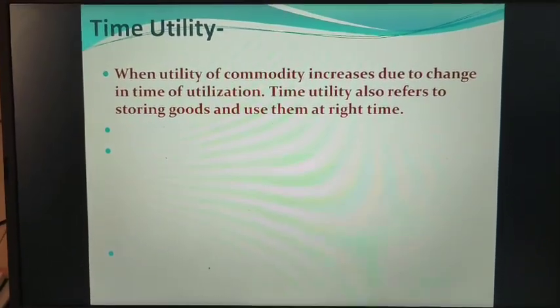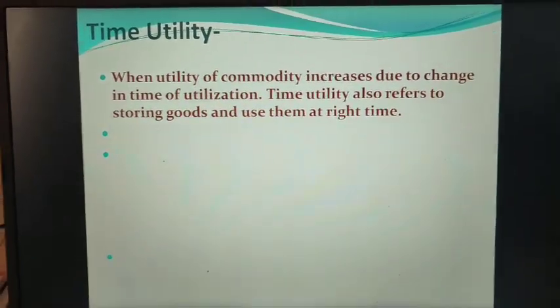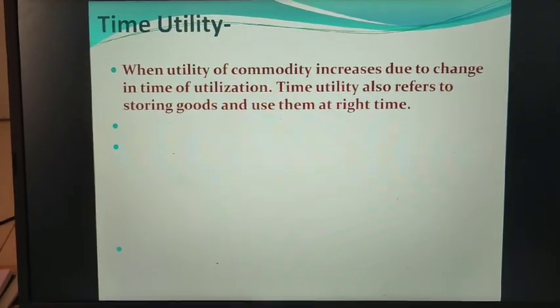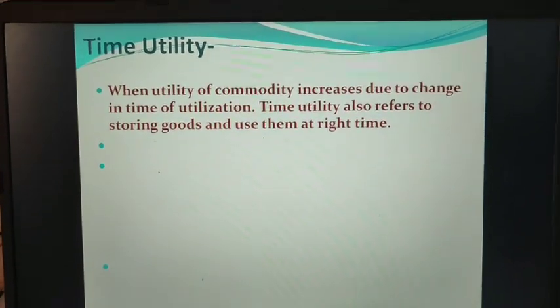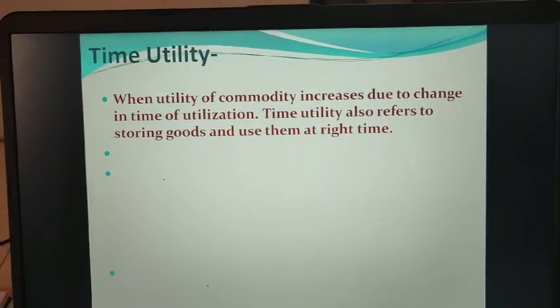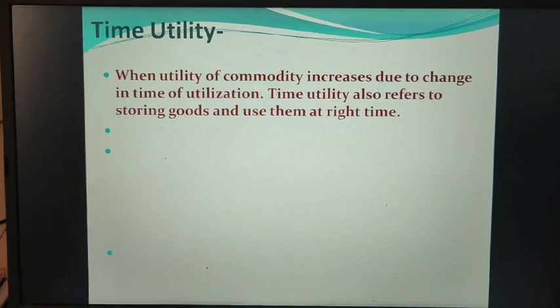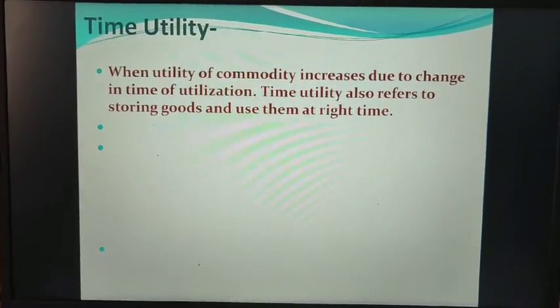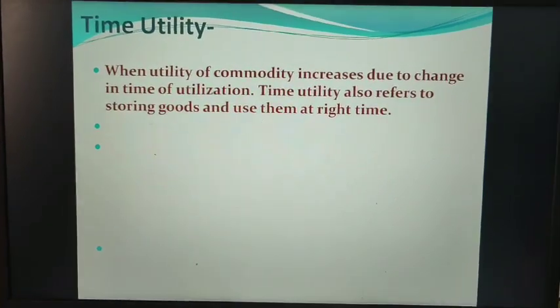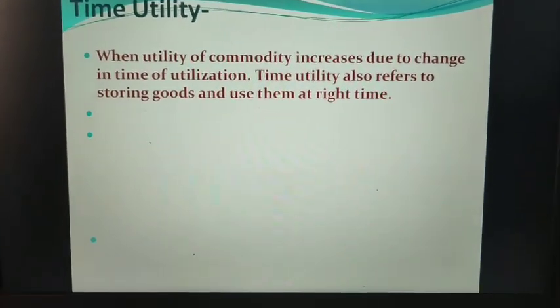Okay, as you know, production of rice only takes place in the rainy season, but you can utilize it throughout the whole year, right? Means what we are doing, when the season of production of rice is going on, we produce the rice, we store it, okay, and we use it according to our need for a whole year.